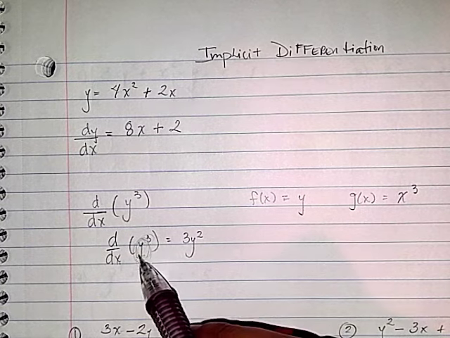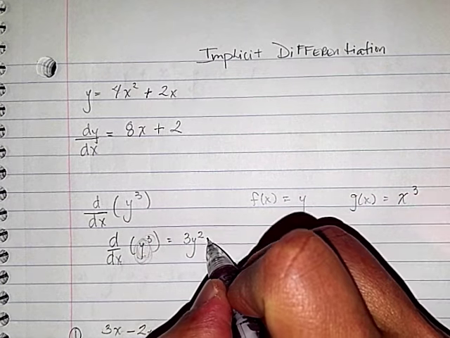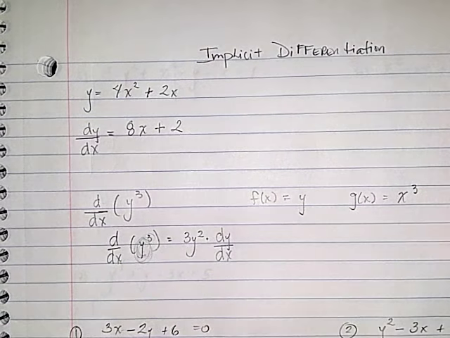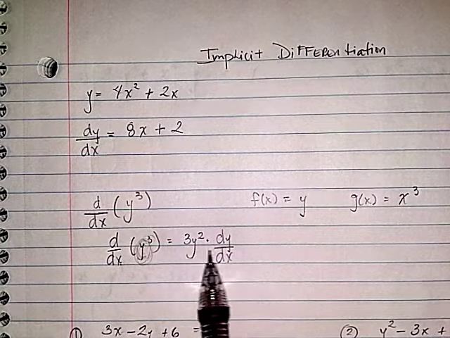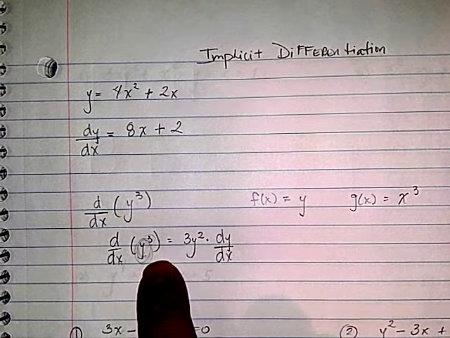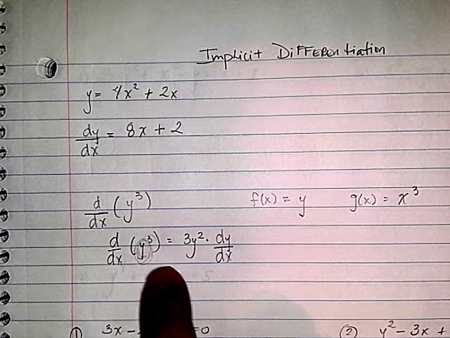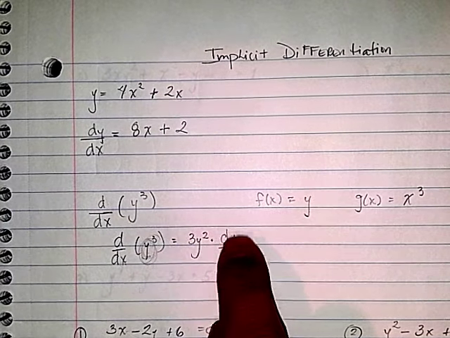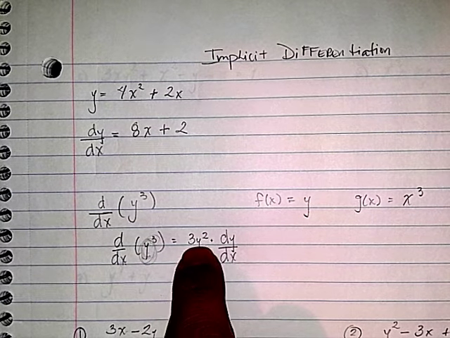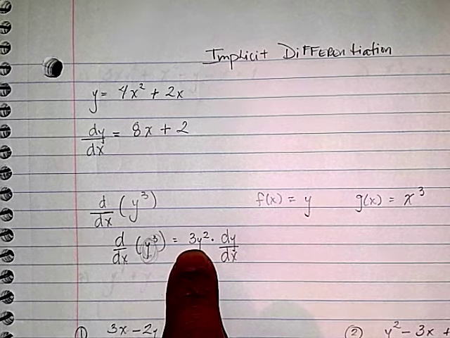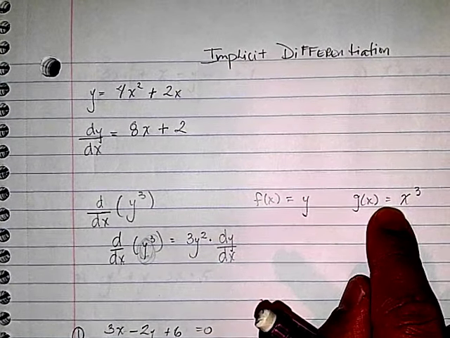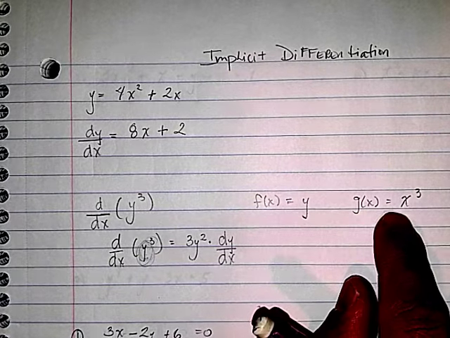Because there is this y function inside, we have to take the derivative of that, and then we do dy dx, and that would be my derivative. We don't know what this x function is. All I know is that I have to find out, and we find out by saying dy dx, because it's hidden inside. Much like if this were hidden inside, we would have to do something like the chain rule.